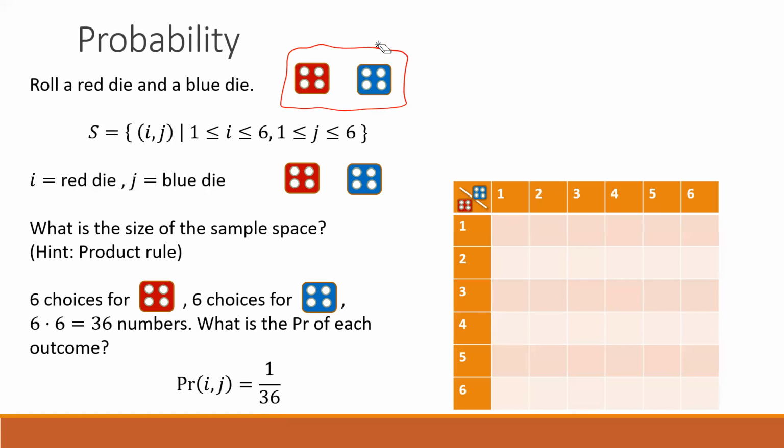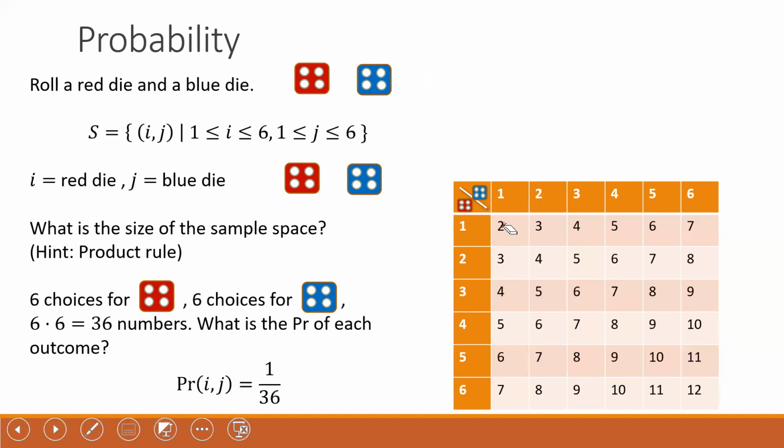Generally speaking, I roll 2 dice, I add them, and then I get the total of whatever's facing on each of them. So then instead of filling this in with 1, 1 and 1, 2, etc., I could fill it in with the sum of these. So I have 1 plus 1 is equal to 2. I have 1 plus 2 is equal to 3. 2 plus 2 is equal to 4, etc. Right? 6 plus 6 gives me 12 if I follow the rows and columns. So here I have a table of the sum of each roll of these 2 dice.